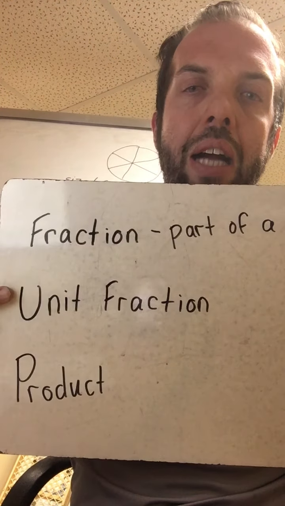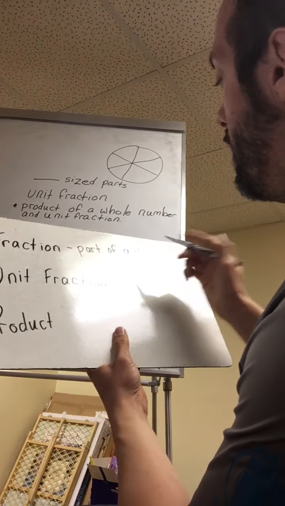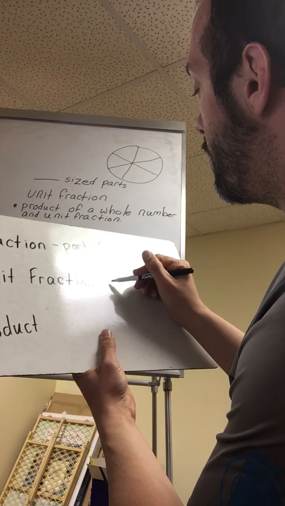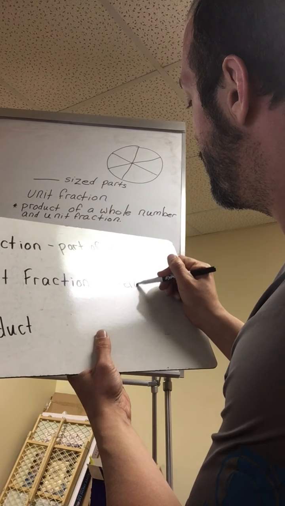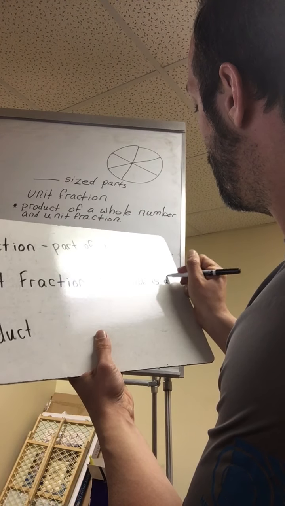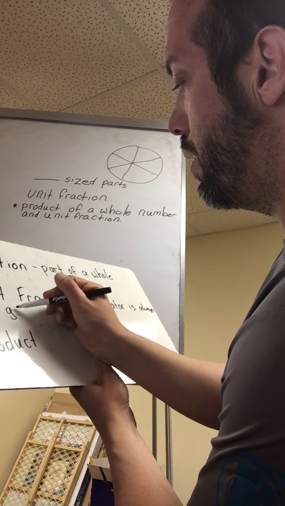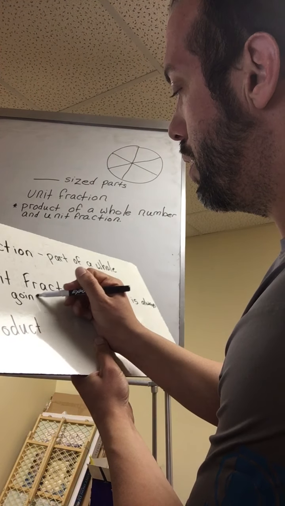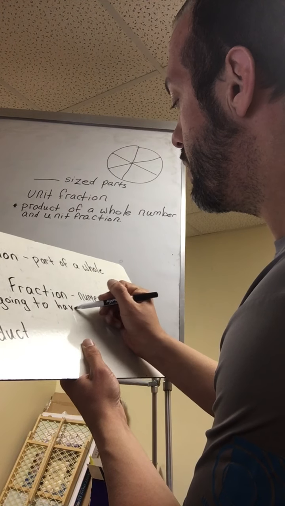A unit fraction is also a part of a whole, okay? But the difference is the numerator of a unit fraction is always going to have a 1. So while I'm writing this, can you think of a unit fraction?